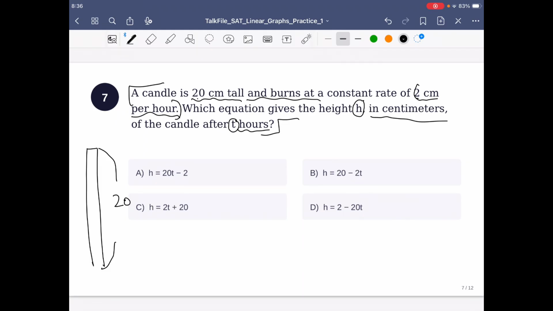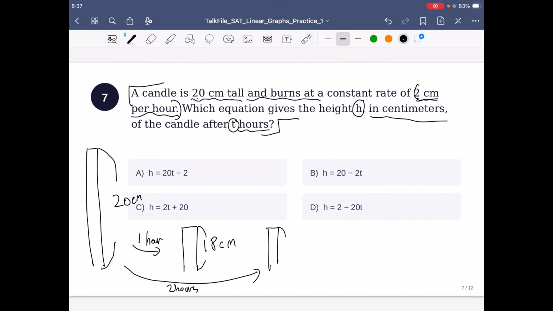After 1 hour it becomes 2 centimeters shorter, so it will be 18 centimeters. What about after 2 hours? Then obviously it will become 16 centimeters, because it burns at a constant rate of 2 centimeters per hour.